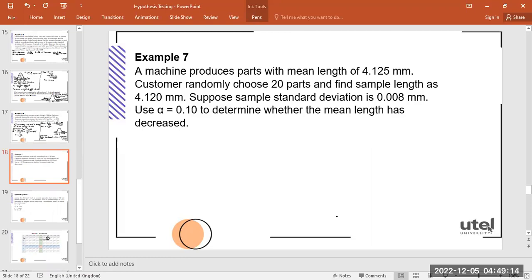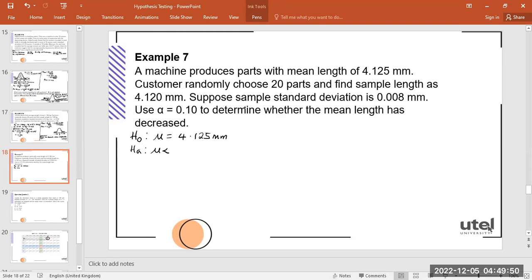Now, the first thing we do, let's also collect our parameters. So we state our null hypothesis, H sub 0, such that the mean length is 4.125 millimeter. And then we have our alternative hypothesis, such that the mean length is less than, as you can see, this was the original mean length, 4.125.